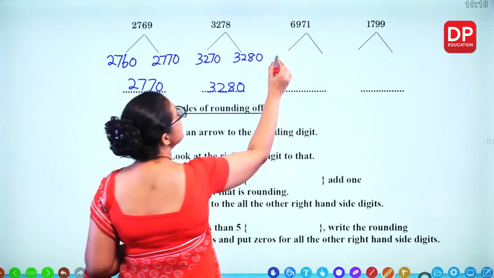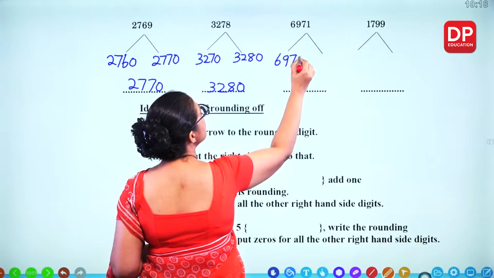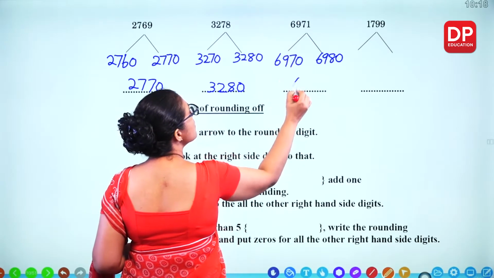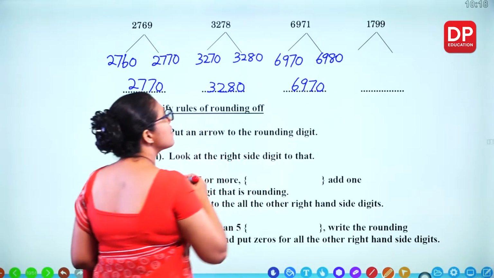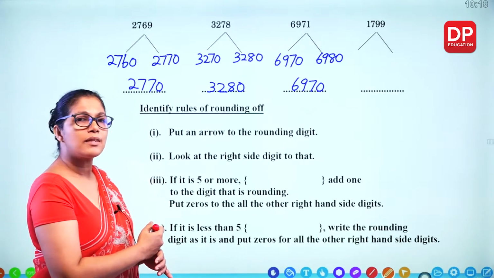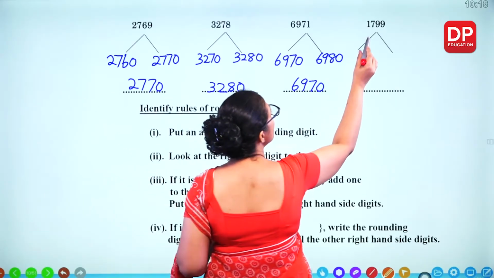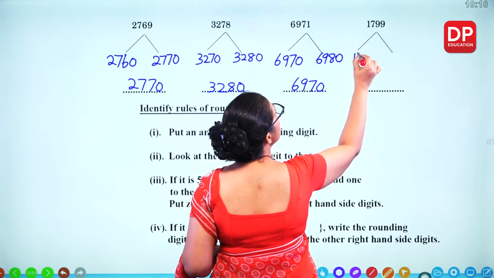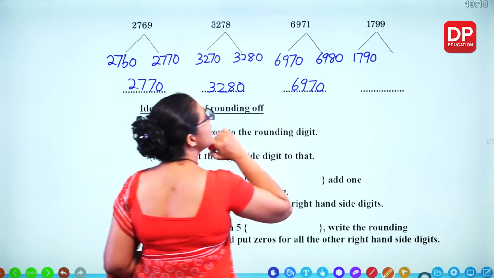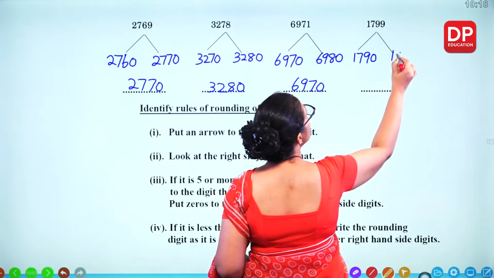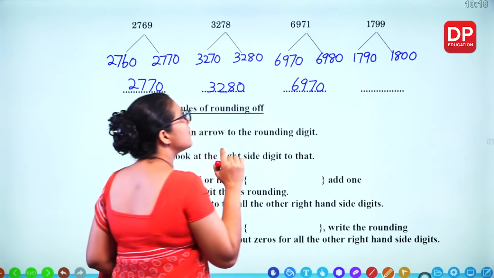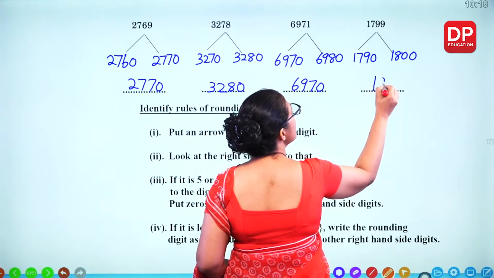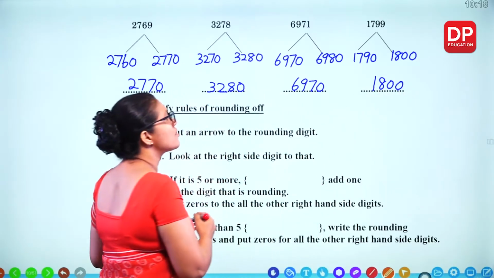This number 6971, 70 or 80. But this is very close. So 6970 is the closest value. 1799. So you get 1790 and 1800. So which one is closer? So just 1 unit away. So 1800 is the closest value.